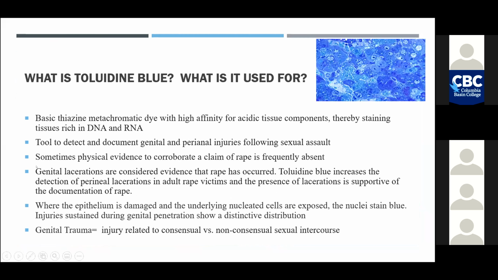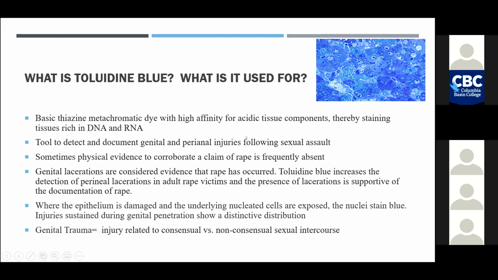So what is it? It's a thiazine metachromatic dye with high affinity for acidic tissue components, thereby staining tissues rich in DNA and RNA. It's a tool used as part of a rape kit to document genital and perineal injuries following sexual assault.